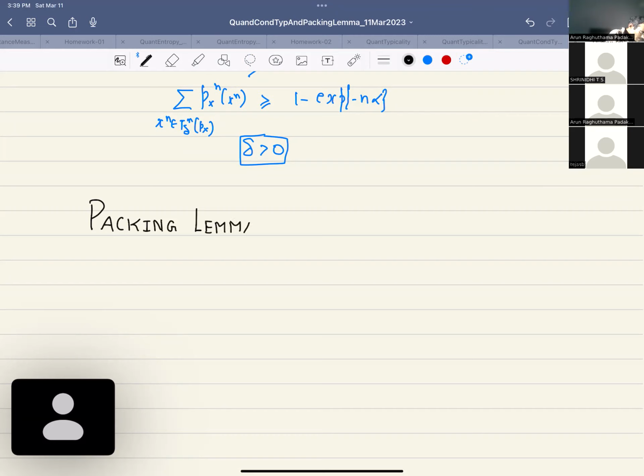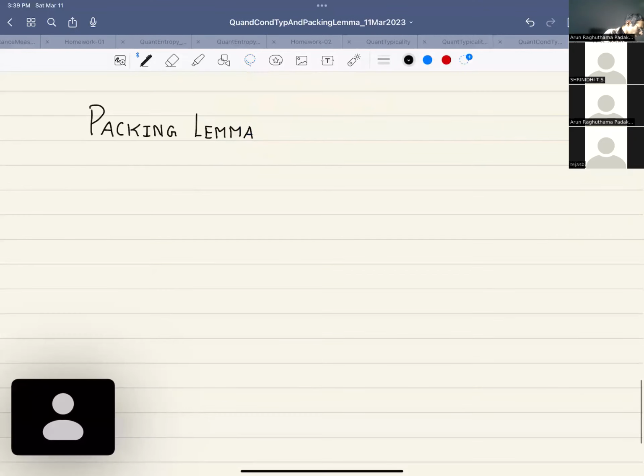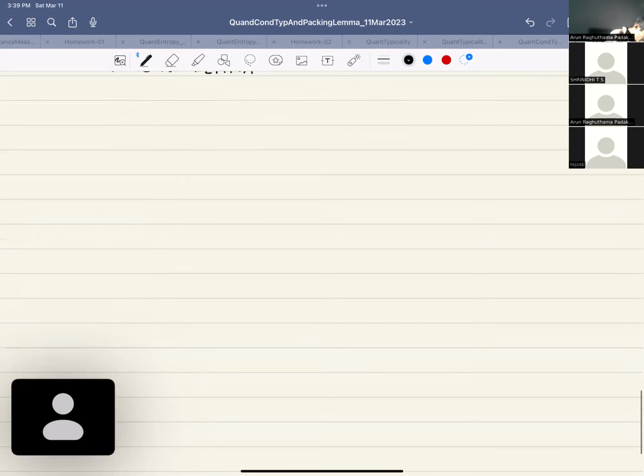I'll motivate a problem and then indicate how this comes as an important tool in not just that problem but many other scenarios. So this alludes back to what I explained in the previous class. So I will do it again.